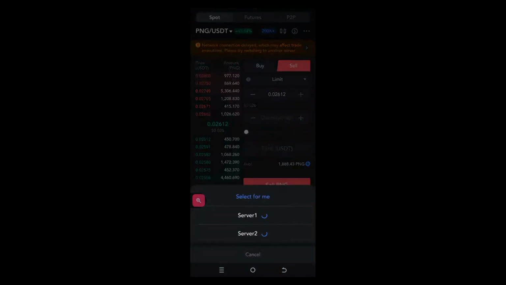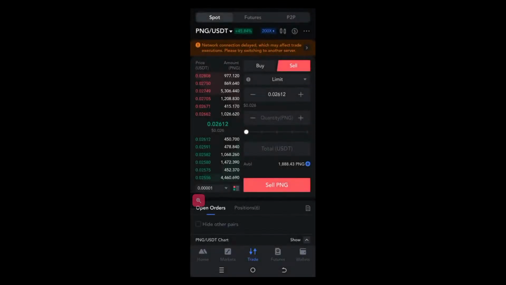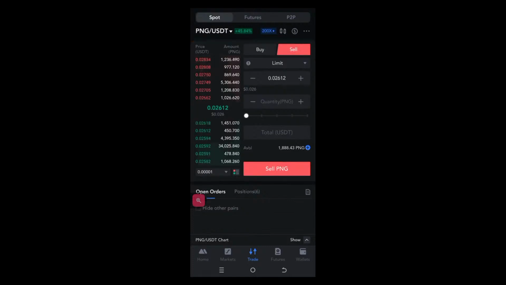I don't know. I'm trying to see what its next move is. Is it going to go down? Is it going to go up?